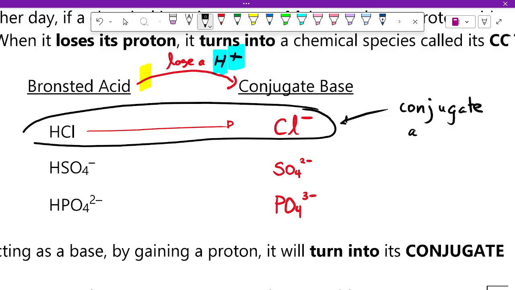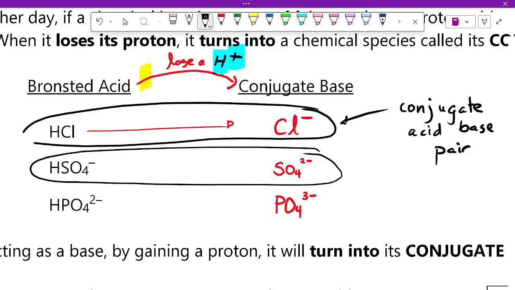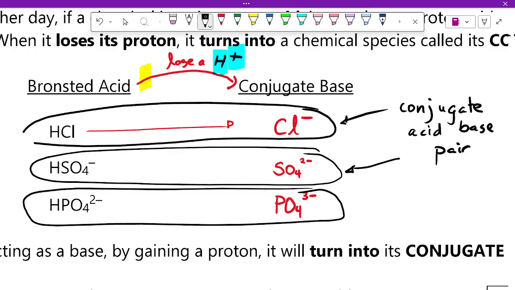All three of them. Yep. Okay, these guys here together make a conjugate acid-base pair. These two guys here together make a conjugate acid-base pair.